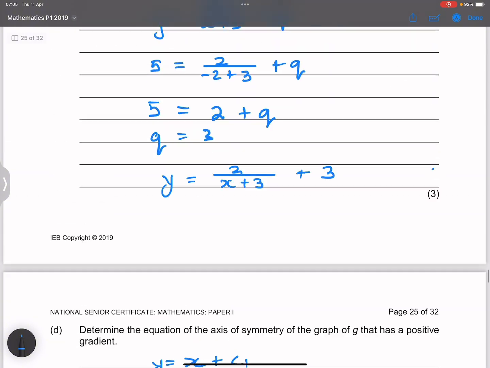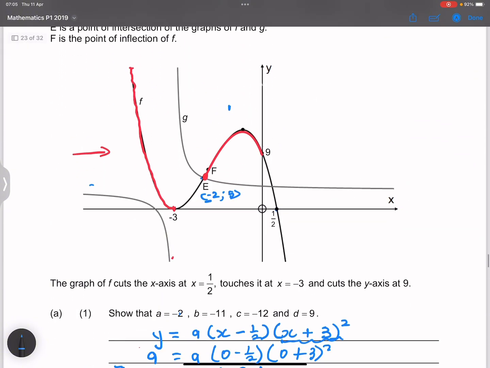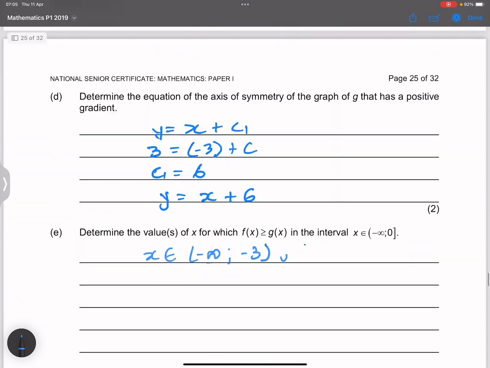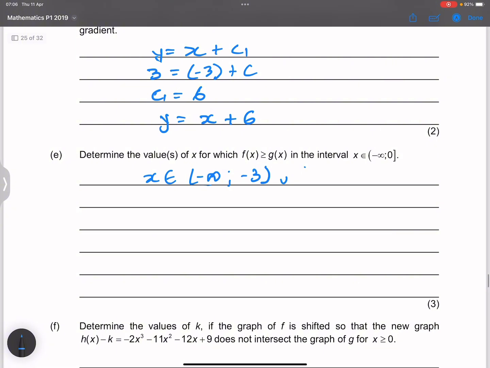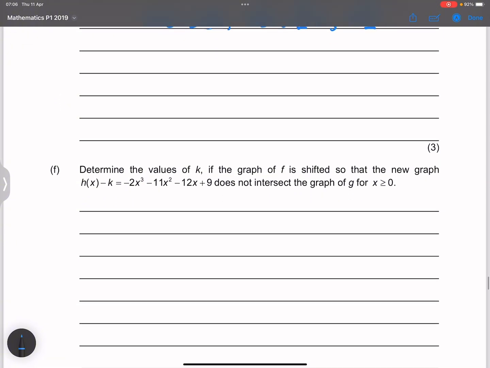Let's check there. Yeah, so from negative 2, that would be included because they are equal there. Okay, so from negative 2, all the way up until 0, also included, because in that case, remember that they are still greater than each other.